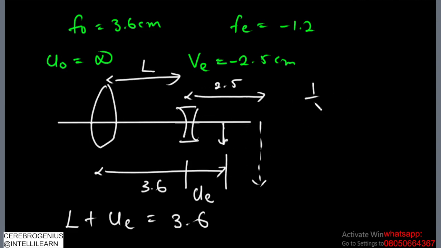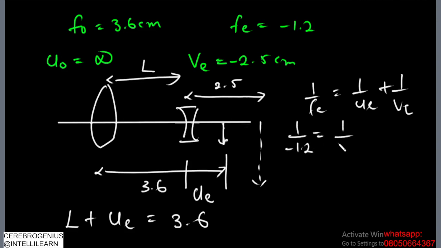So let's do that. We are going to have 1 over FE equals 1 over UE plus 1 over VE. So this will be 1 over minus 1.2 equals 1 over UE plus 1 over minus 25 centimeter. This should be 25, not 2.5. So we are going to have 1 over 1.2 plus 1 over 25.